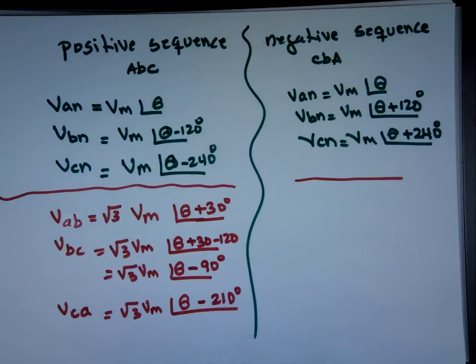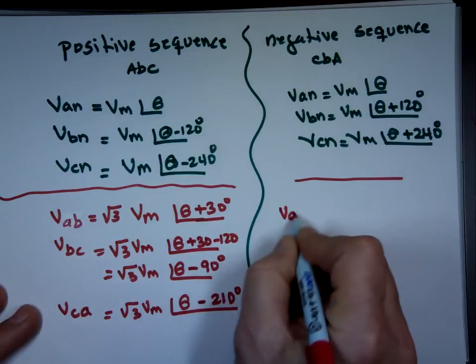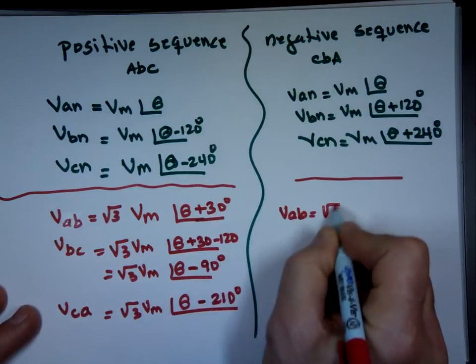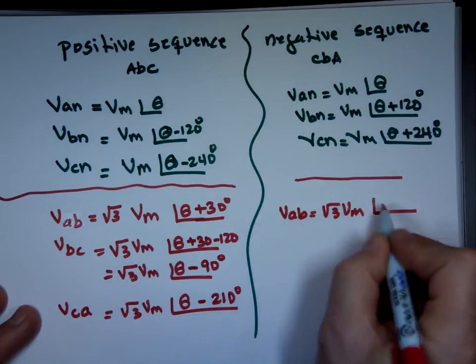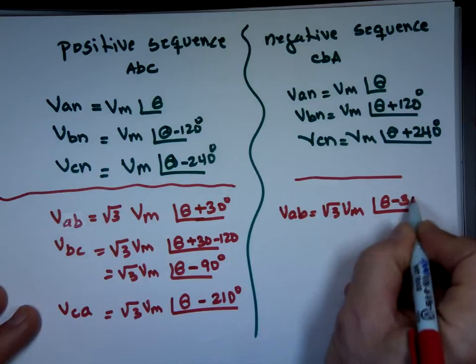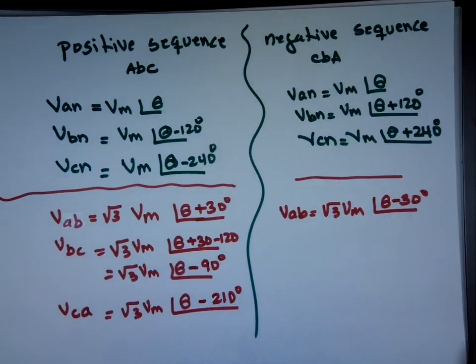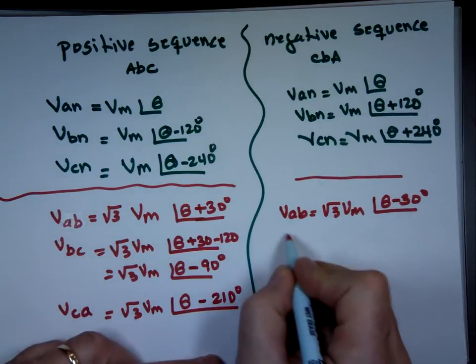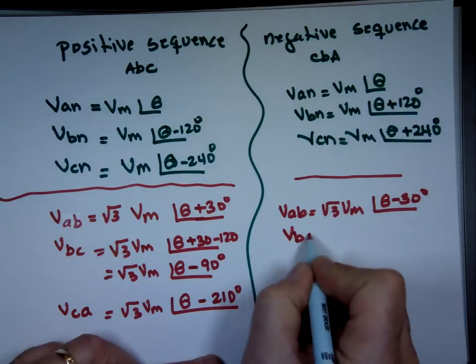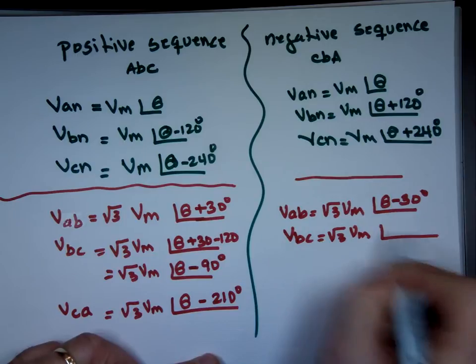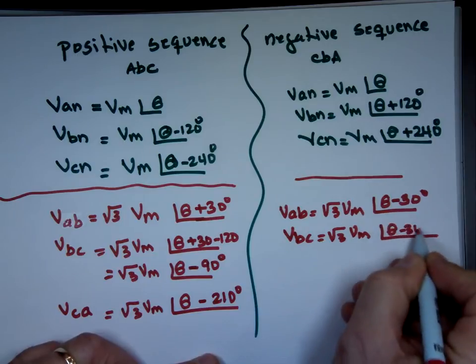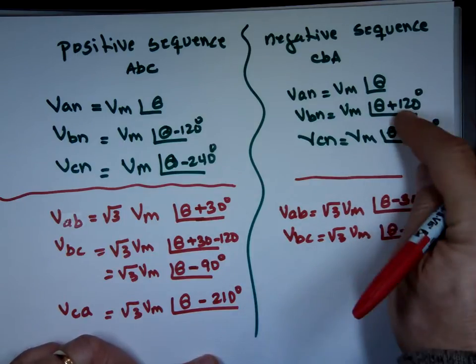For negative sequence, VAB is very similar to this, but instead of adding 30 degrees, you subtract 30 degrees. And VBC is the square root of 3 VM, and this will be whatever this angle is. Remember, this is 120 degrees off phase, plus 120.